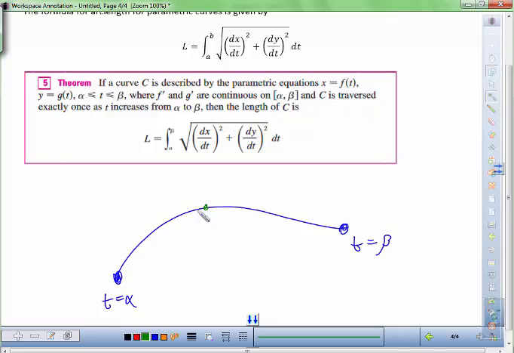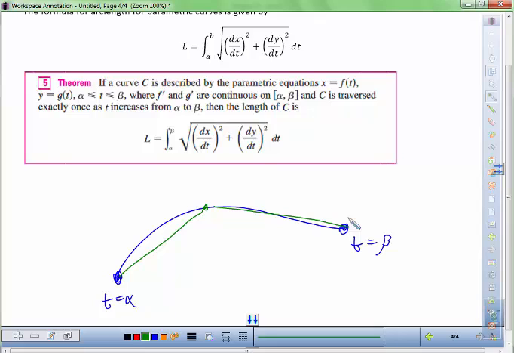So if you imagine cutting this in half, although we're not very good at finding the lengths of curves, we are very good at finding the lengths of lines, right? If I give you 2 points, you can find the distance between 2 points.